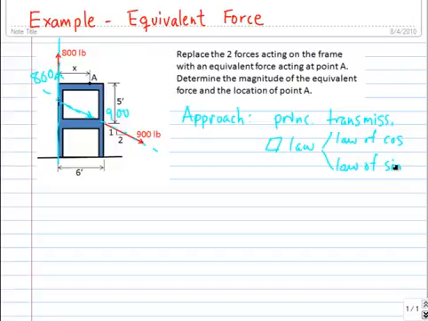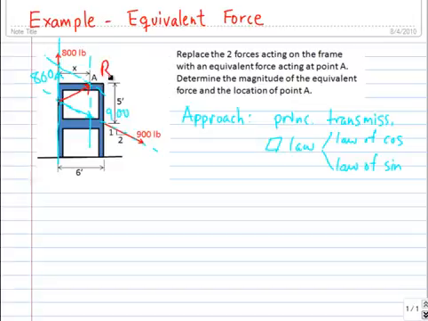Okay, so let's look at the parallelogram law. Parallel to the 800-pound force, parallel to the 900-pound force, that gives us a resultant force that acts right here. I'm going to call that R.